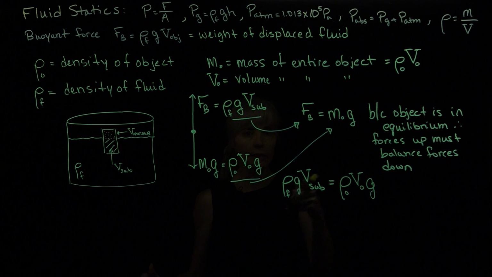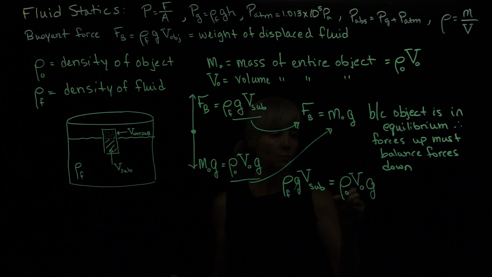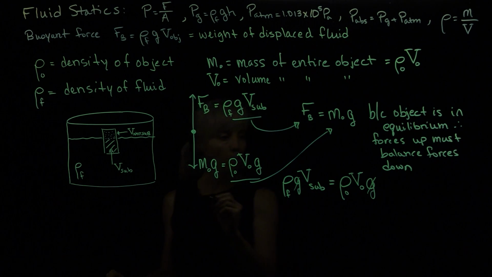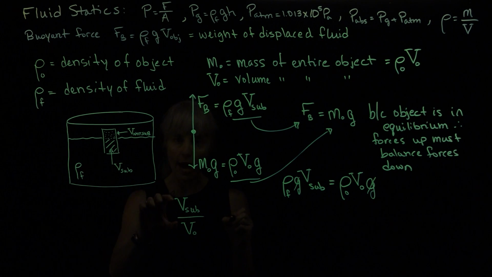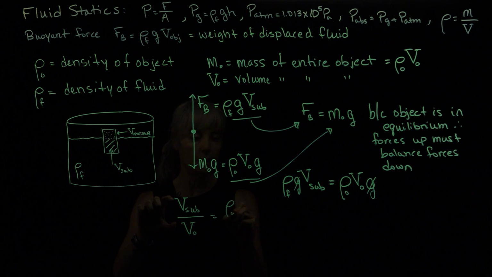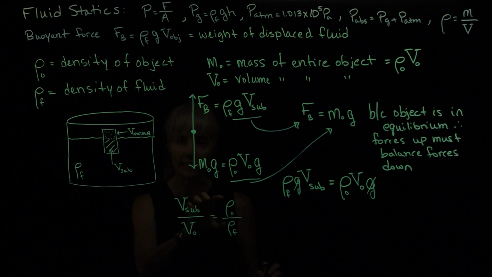Notice that little g, the acceleration due to Earth's gravity, is on both sides of the equation, so it can be canceled out. And we're just going to rearrange a little bit and see that the volume of the object that is submerged to its total volume, so this is the fraction submerged, is equal to the ratio of the density of the object to the density of the fluid.